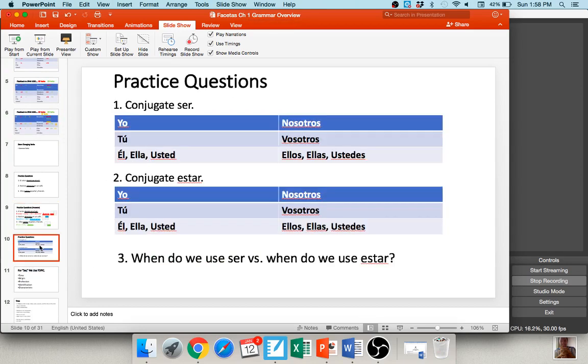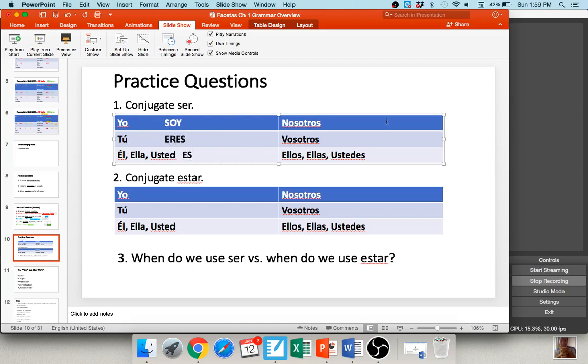The next thing discussed in Chapter 1 as a review of previous grammar are the verbs ser and estar. Hopefully you recall these two verbs. For ser, as we conjugate, we end up with soy, eres, es, somos, sois, and son. And I'll type those in for you here.